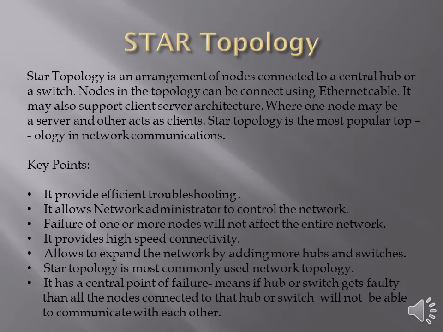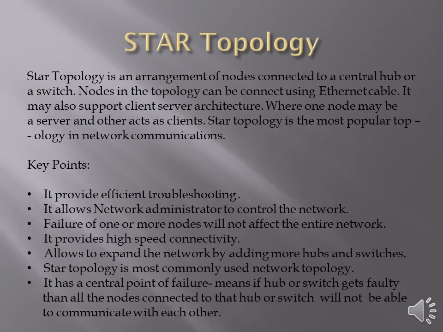Failure of one or more nodes will not affect the entire network. Since a node is failed in the network, that node can be easily removed and replaced with the newer one. It provides high-speed connectivity, and allows to expand the network by adding more hubs and switches.